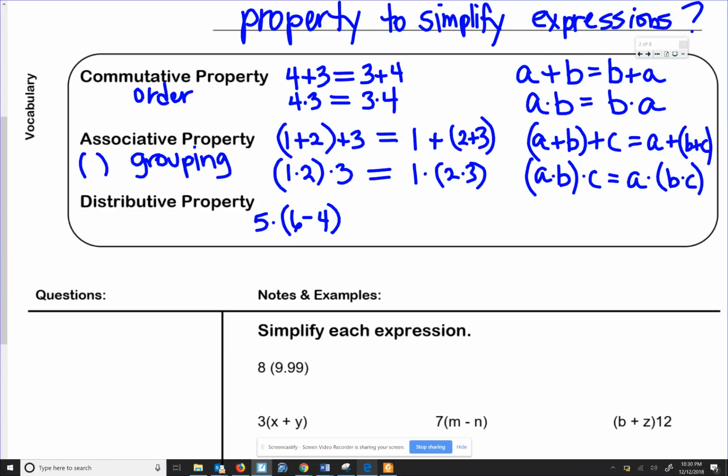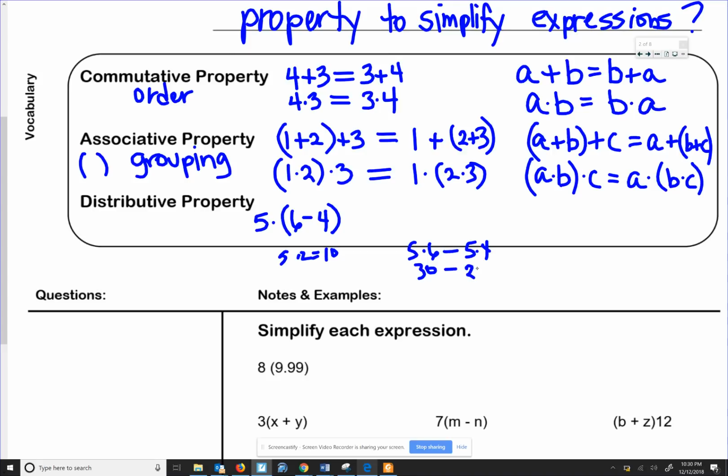Okay? I could also, though, do a different problem and say, you know what? This 5 times 2 is 10. This also is going to be the same as if I had taken 5 times 6, which is 30, and 5 times the 4, subtracting those two.